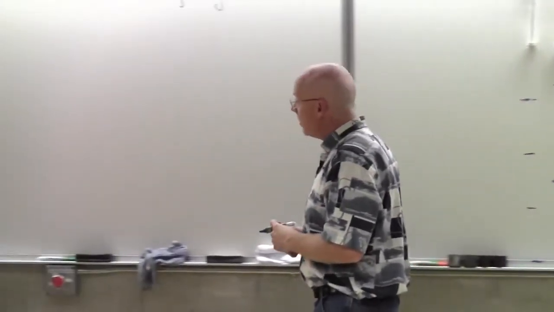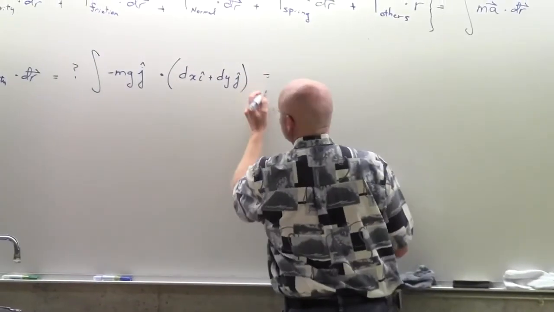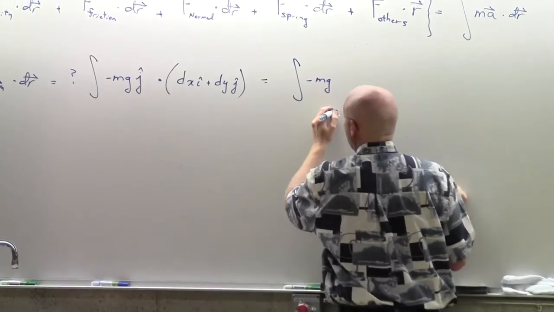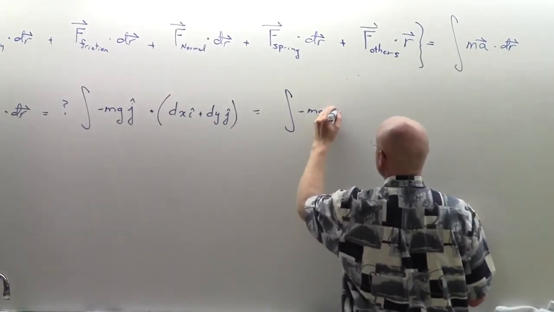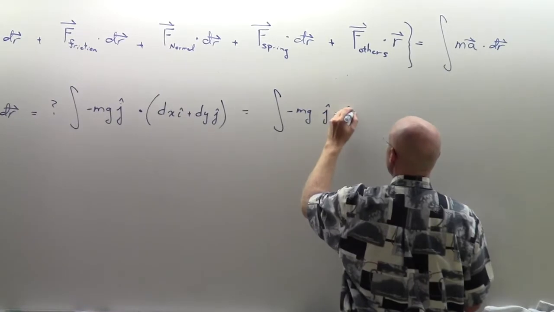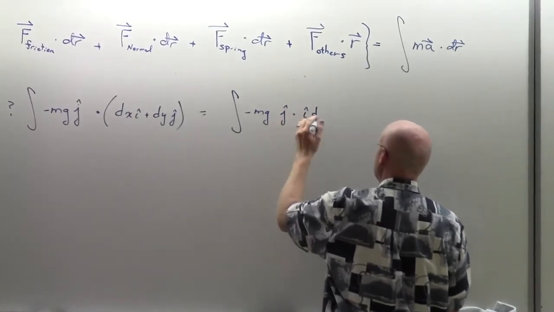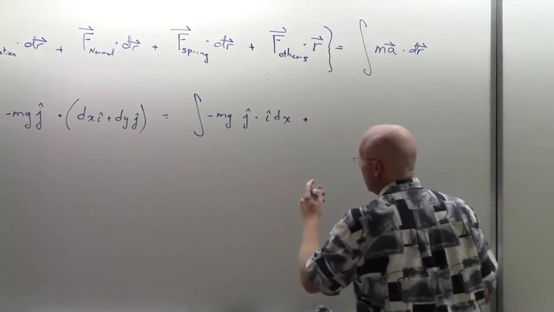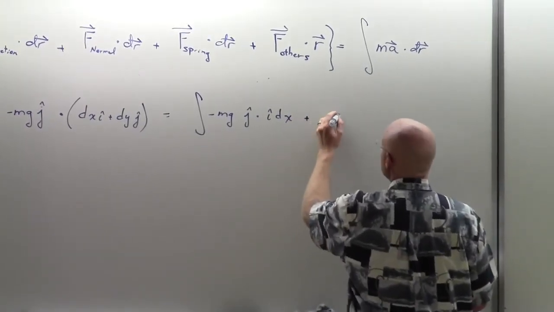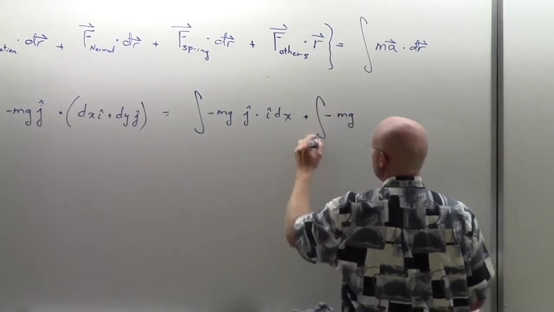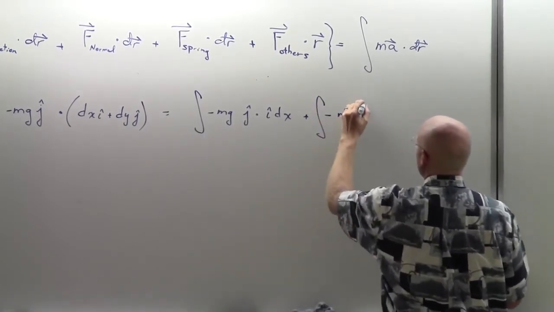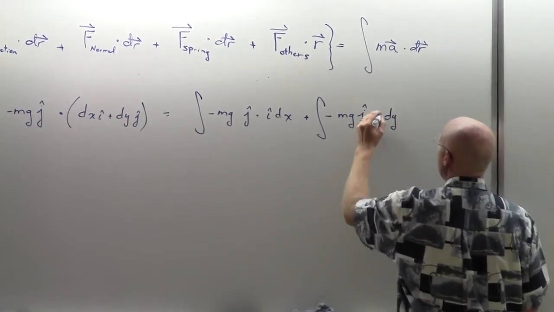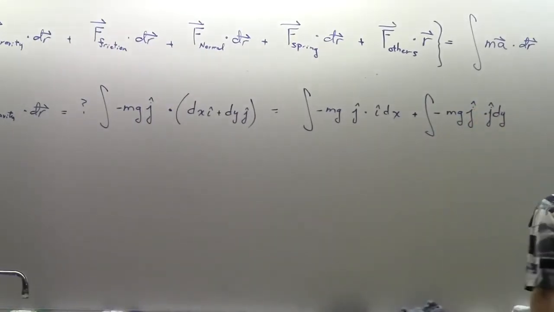Okay. Here's what's nice about that. That becomes actually two integrals. It becomes a minus mg, and then I would have this i hat dot this j hat, or j hat dot i hat, I suppose, dx. And then the other one here would be a minus mg j hat dotted with a dy j hat.